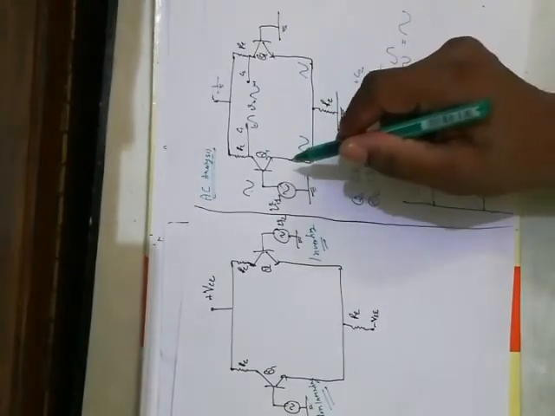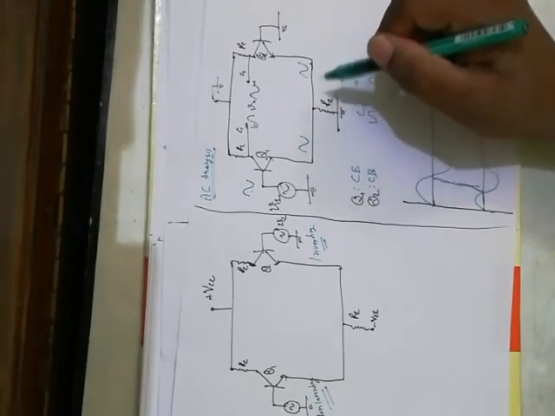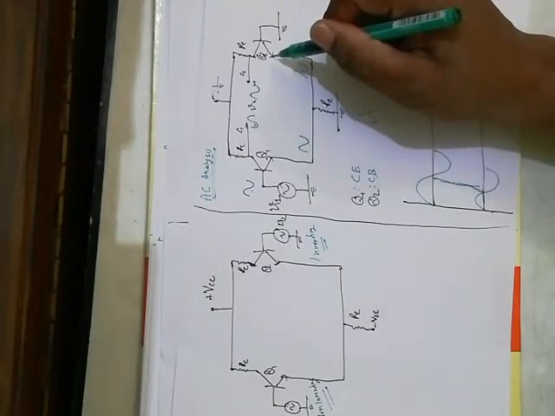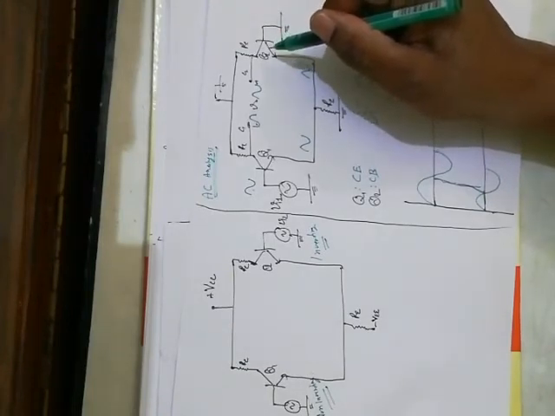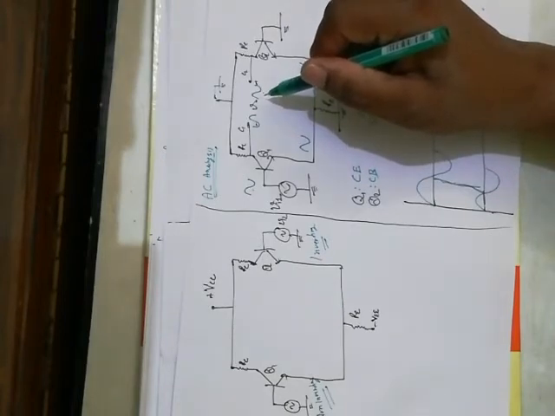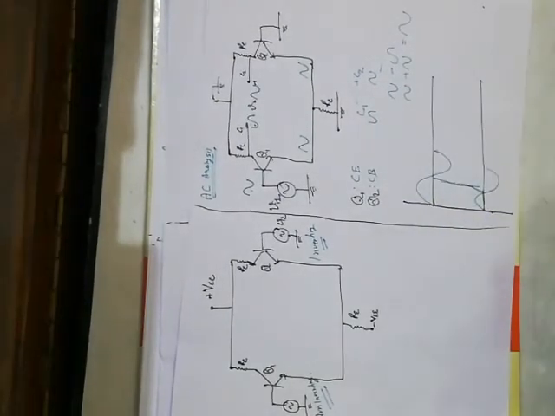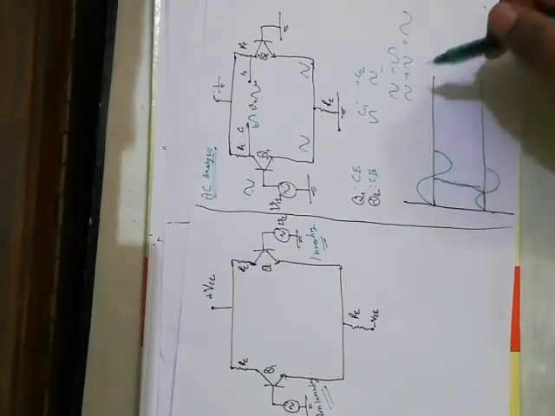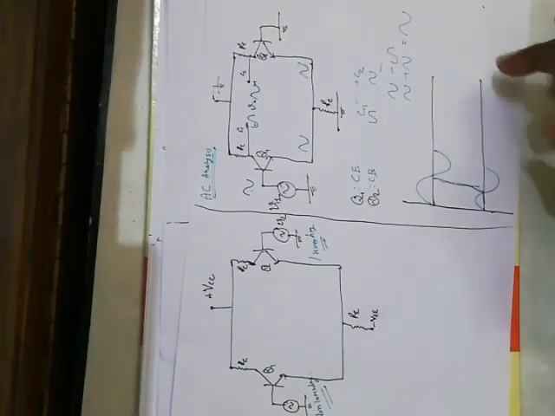As both emitters are connected, this emitter signal will go through here, and this transistor will act as a common base amplifier, and the output will be like this. It will be in phase with the input. So Q2 is working as a common base amplifier. This is just the geometry of signals, and this is how we are getting the output which is in phase with the input.